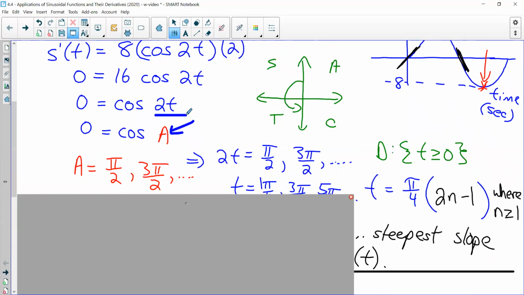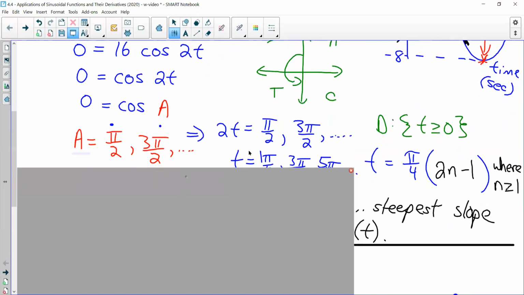But because the angle is 2t, the a here is going to be replaced with 2t, because we're looking for the time, not the angle. So the time, and you notice these are radian values, very important using radian values here. So that means 2t is equal to this radian measure of pi by 2, and also this measure of 3 pi by 2, and so on.